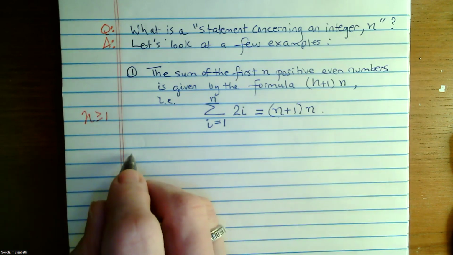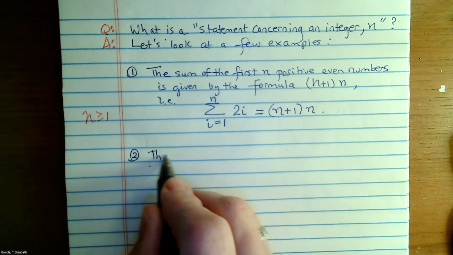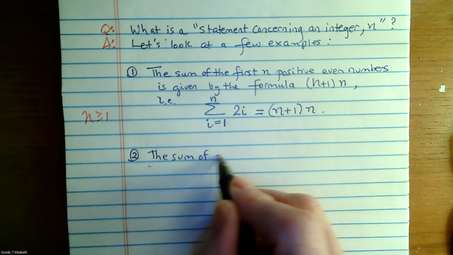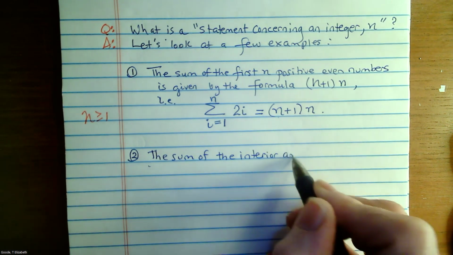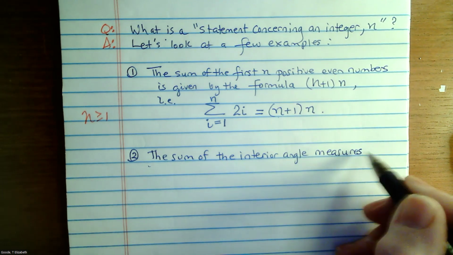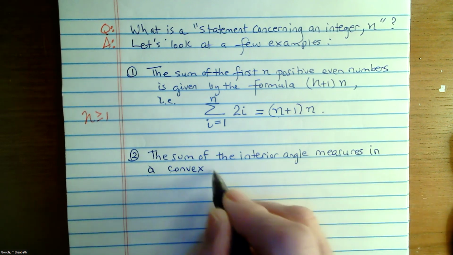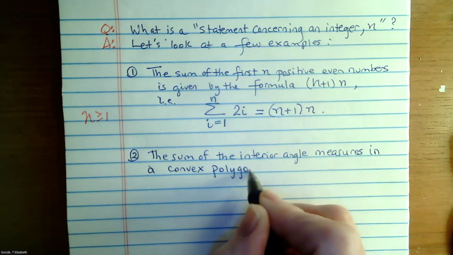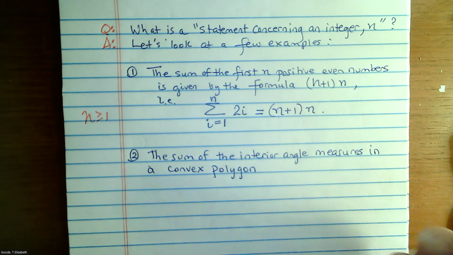Here's another statement concerning an integer n that you've probably heard about. The sum of the interior angle measures in a convex polygon. I'll tell you what a convex polygon is in a minute, but just think triangle, square, hexagon, pentagon, octagon, okay.